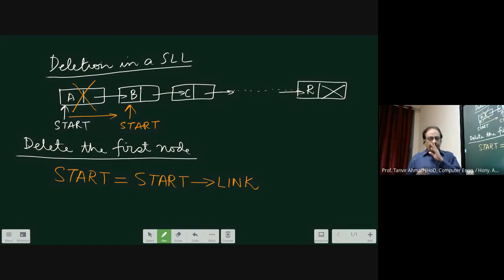And now, when you print the nodes, you print from B, C, and keep on going till R. But A will remain in the memory until the program is terminated because A is a local variable. Now, the memory occupied by A cannot be allocated to any other nodes.